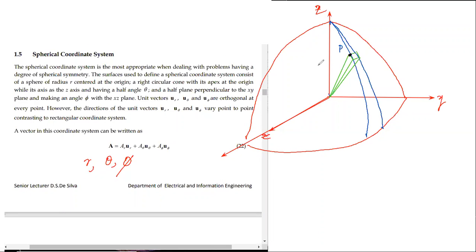To express this point, I will refer to the R, theta, and phi values, right?